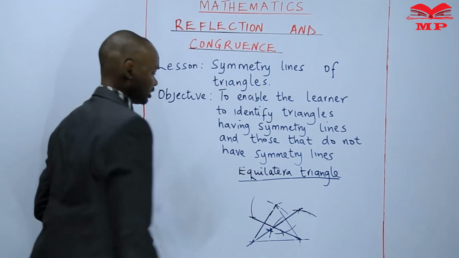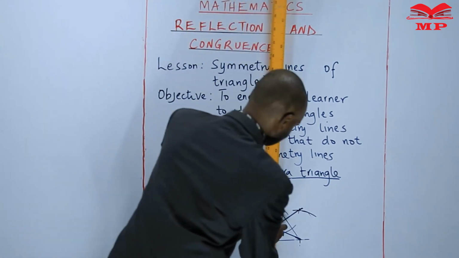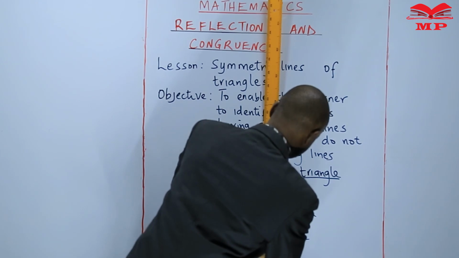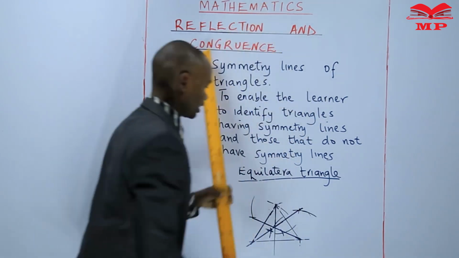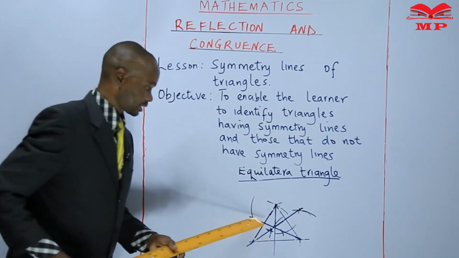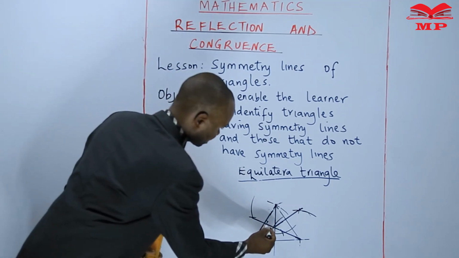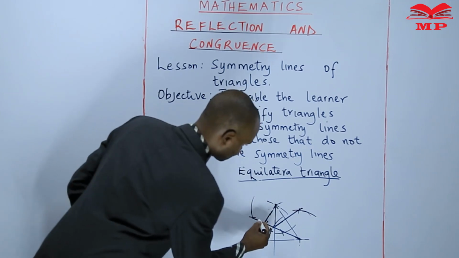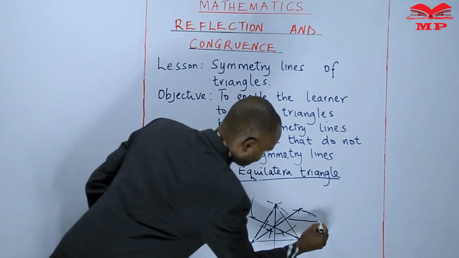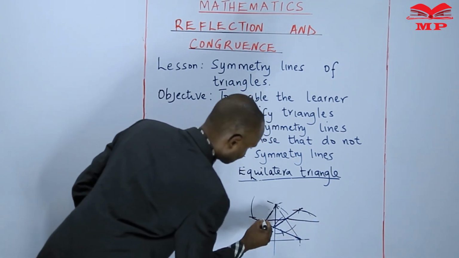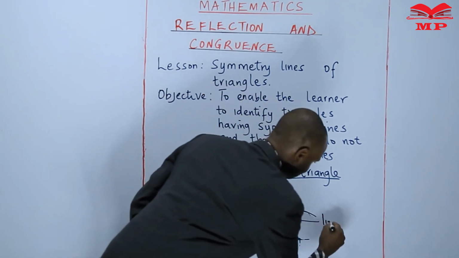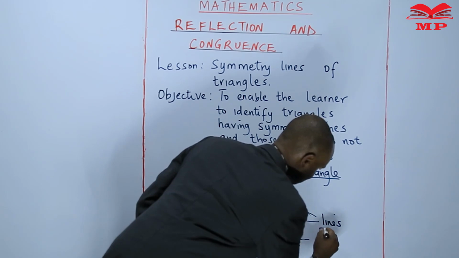If I bisect the other one, I'll almost get a line joining the same point. So the three perpendicular bisectors of the sides will give the lines of symmetry. These are the lines of symmetry.